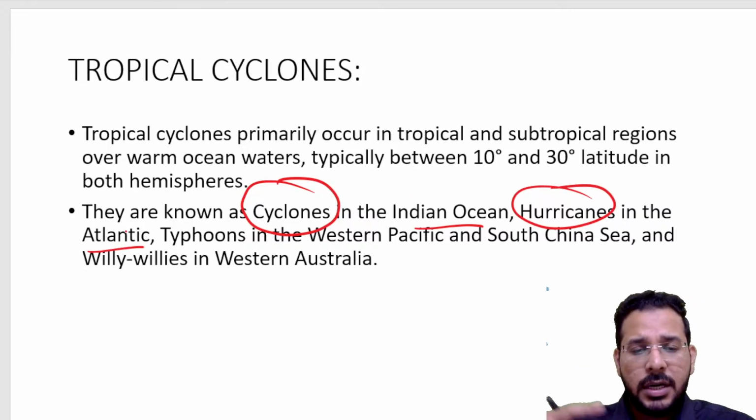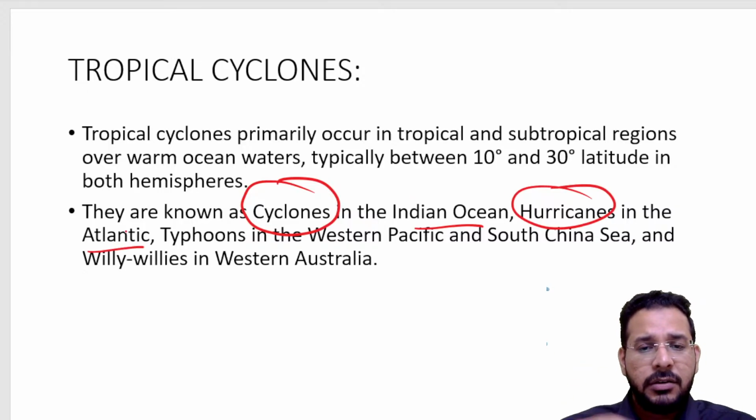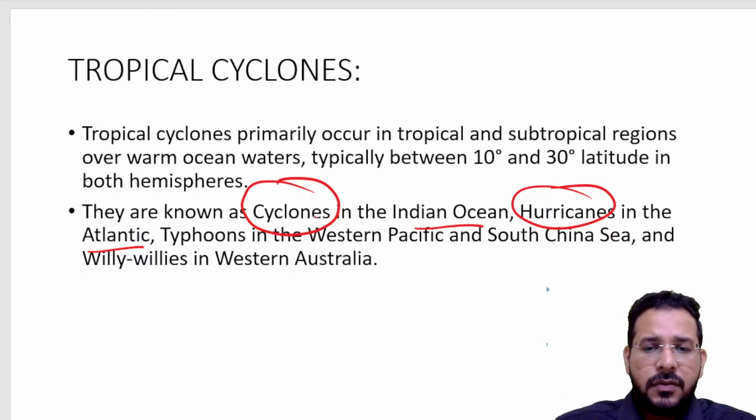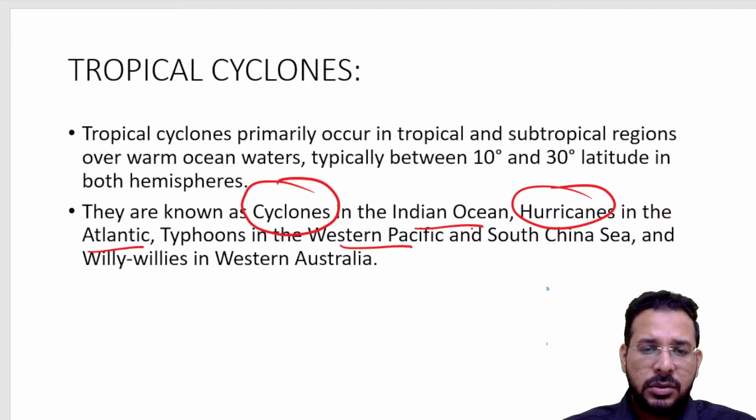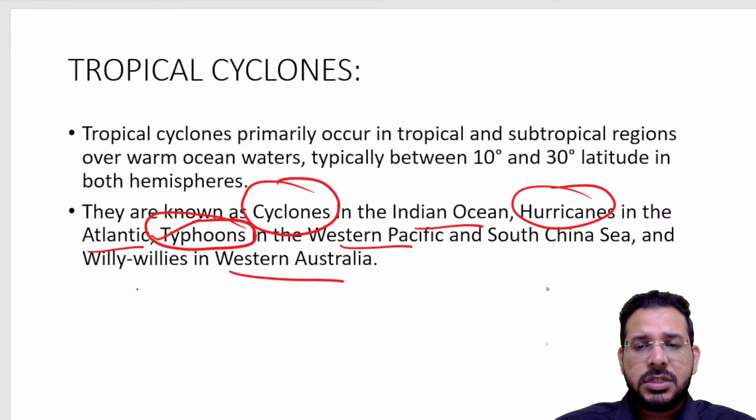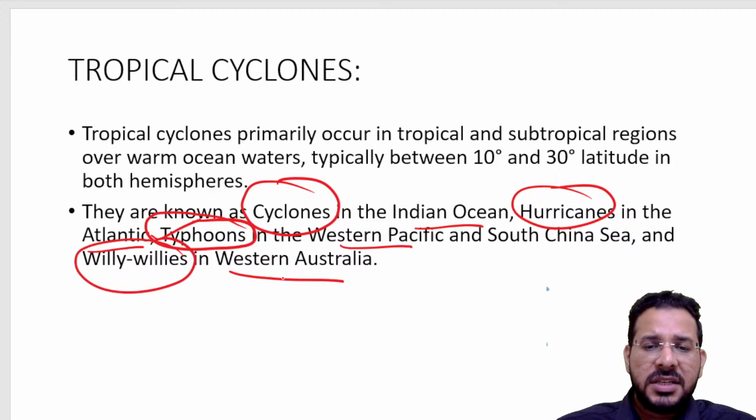So the countries around Atlantic Ocean in Europe, in America, the cyclones are called hurricanes. Whereas in the Western Pacific, in the China region, China, Japan, those countries call these cyclones typhoons or tufan. Then in case of Australia, they are called willy willies.